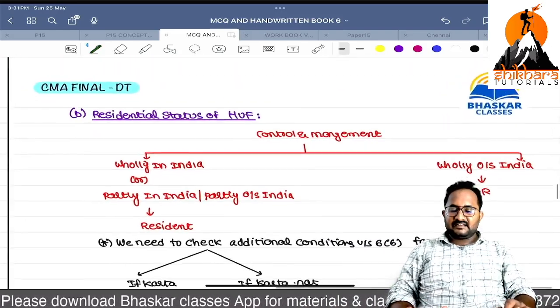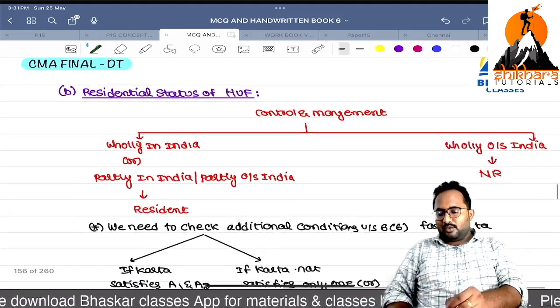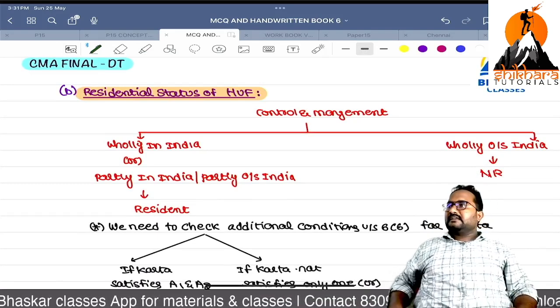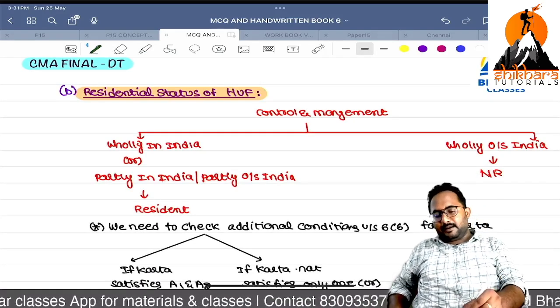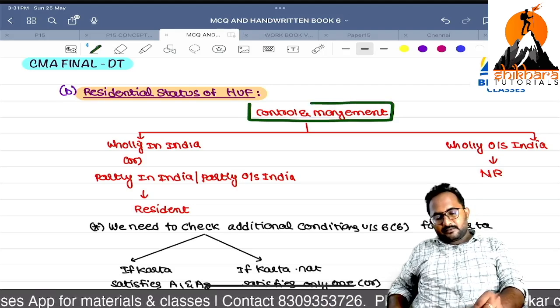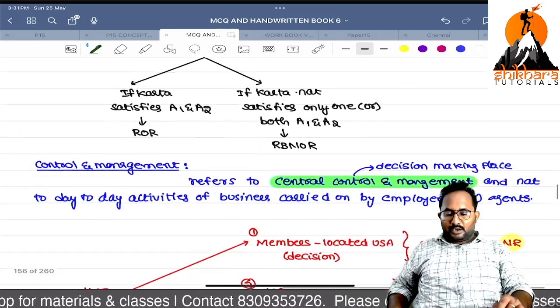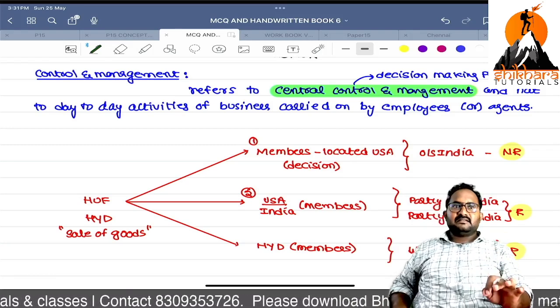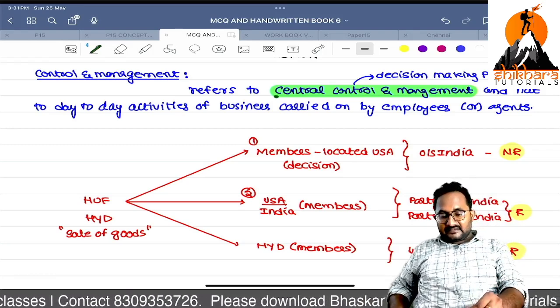Individual residential status in and out is over, but now I want to test the residential status of HUF. Residential status of HUF depends upon the control and management. I will tell you what is meant by control and management. Listen carefully. Control and management means the place where key decisions are taken.